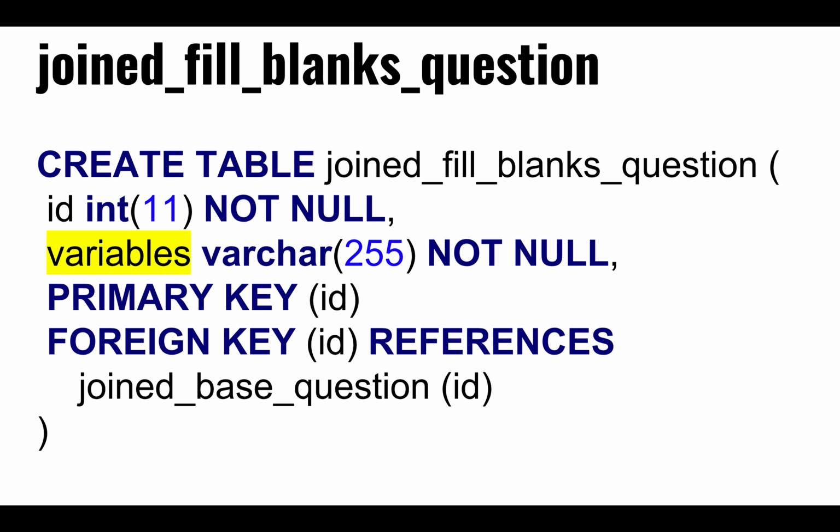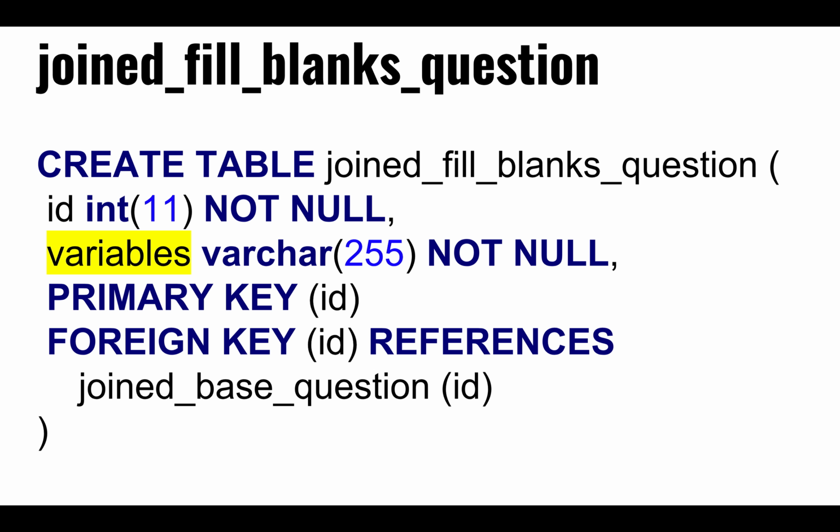We have the variables being the special field for this specialized table, that represents the specialized class, that again has a primary key that then refers to the foreign key of the parent class. So this is the joined strategy.